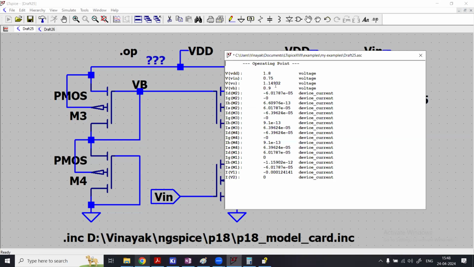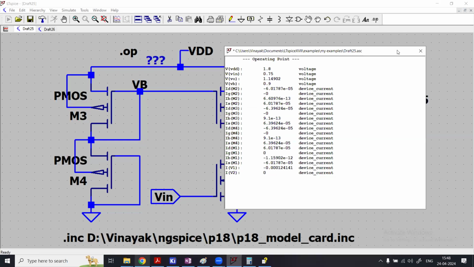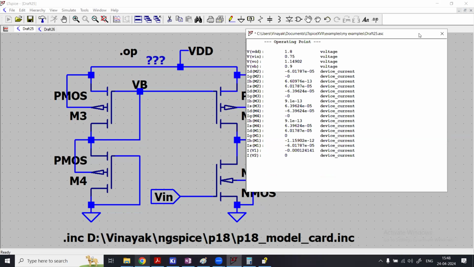Now it is 1.14. Now it seems reasonable. So 1.14 is the output voltage, which is the VDS of M1, and that should be more than the 450 millivolt overdrive voltage. So it's saturated.